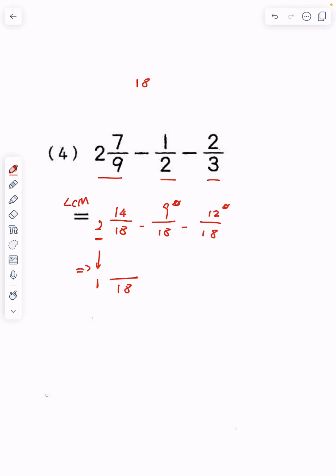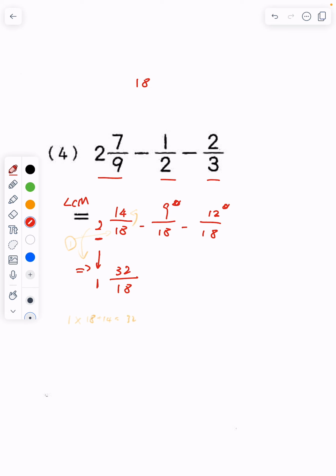And then it becomes 32 on the top. How do I get 32 one more time? The 1 comes from the 2, multiplied by the 18, plus the 14. So 1 multiplied by 18 plus 14 gives you 32.